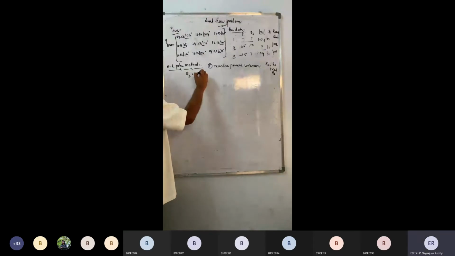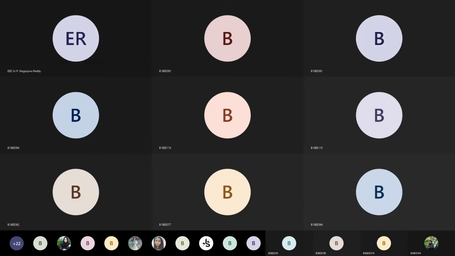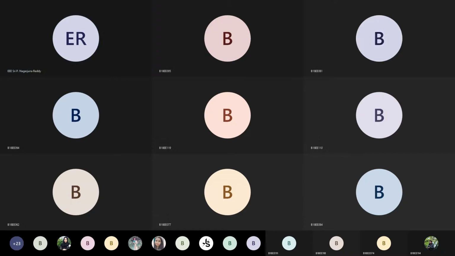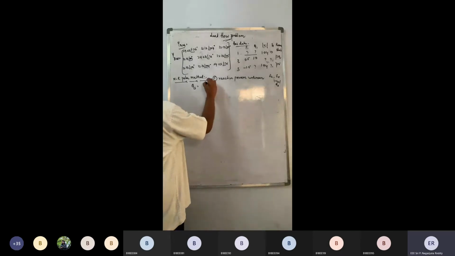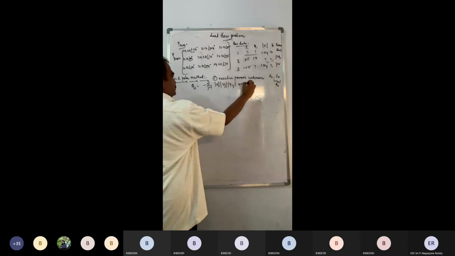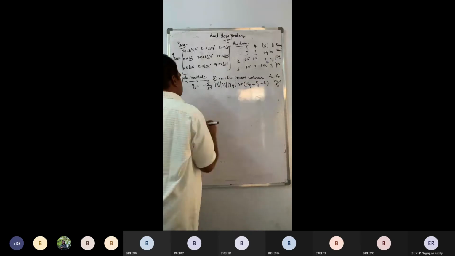What is the Q3 formula? We know the formula is minus sigma, j equal to 1 to n. This was the formula.